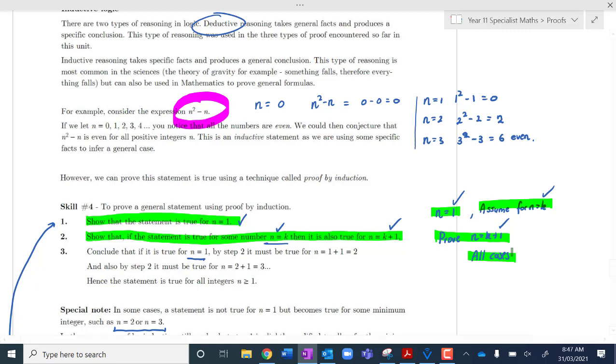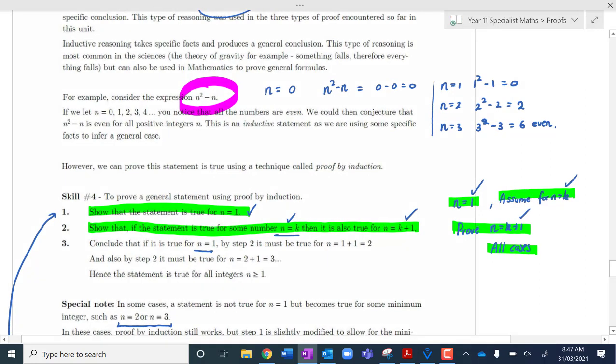Yes, you can use English, but a lot of the time we're using maths and it almost feels like a direct proof just broken up into stages. Then, of course, we conclude, and this is really important, using English, you're going to lose marks if you're just simply doing it as a maths problem.